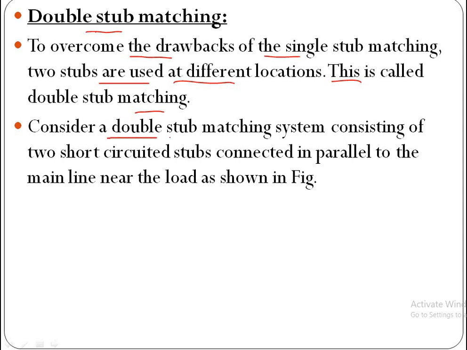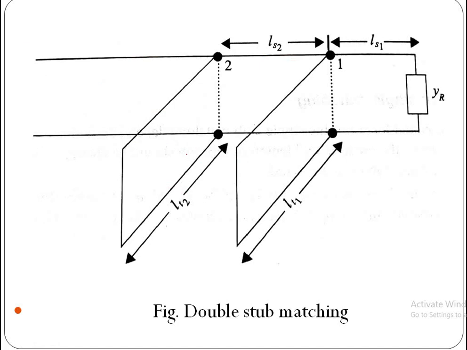Consider a double stub matching system consisting of two short circuited stubs connected in parallel to the main line near the load as shown in figure. This is the double stub matching. This is the load impedance, load admittance YR, which is not equal to characteristic admittance, hence the line is mismatched.